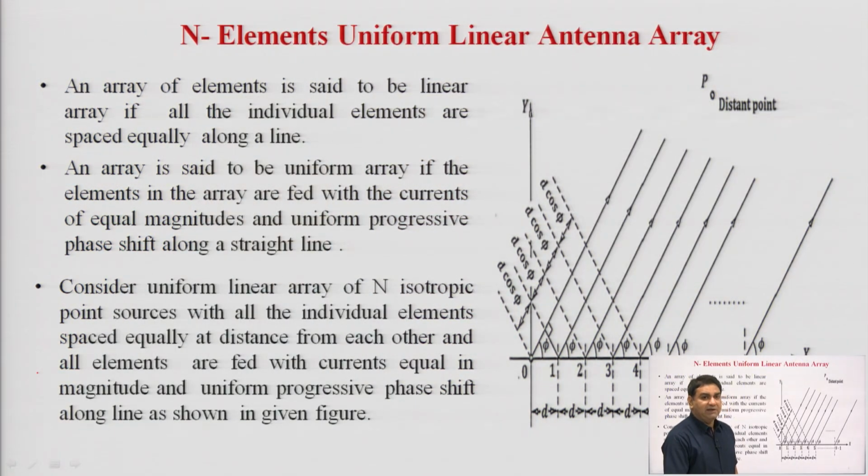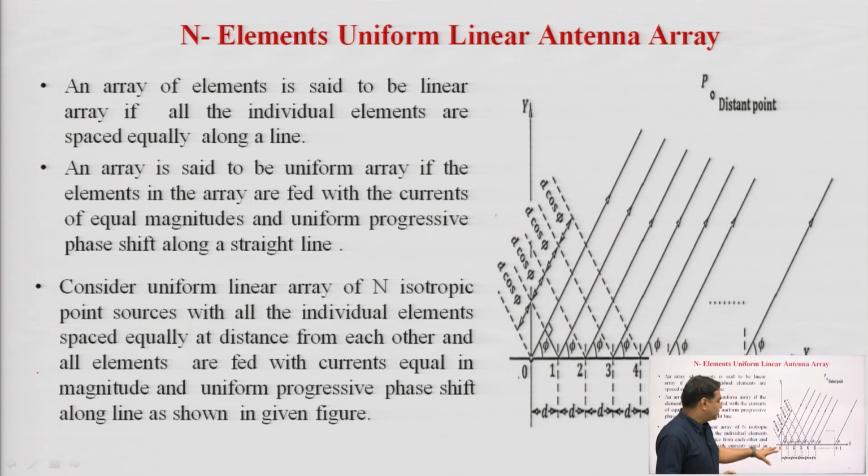How can these n elements be configured for an antenna array system? As I have previously mentioned, in a uniform linear array system all the elements are spaced equally, meaning the distance between source 1 and 2 is d, then the same distance is between 2 and 3, 3 and 4, 4 and 5 and so on.